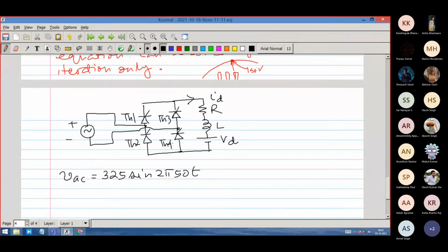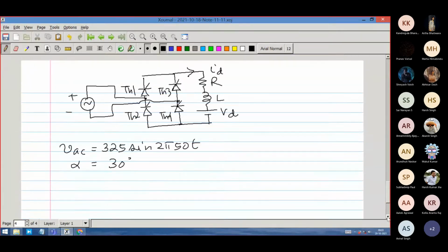One thing we can immediately conclude: suppose firing angle alpha is equal to 30 degrees. These are the things given. Let us say R is 1 ohm and L is 10 millihenry.